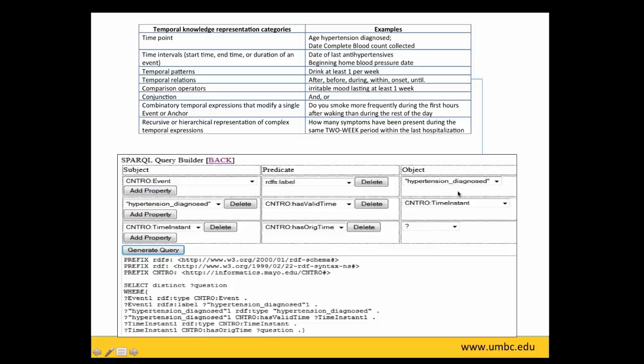This particular example shows the temporal information regarding a patient who has been diagnosed with hypertension. Then we generate this query, and we will be able to retrieve the information against the EHR systems.